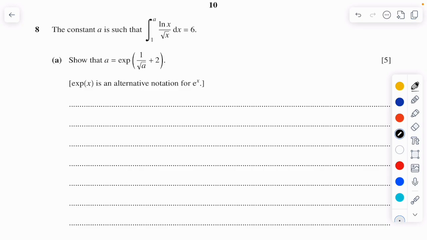Okay, the way we go about doing this is we're going to say this: let u equal ln x. If u equals ln x, we can therefore say that du is 1 over x dx.